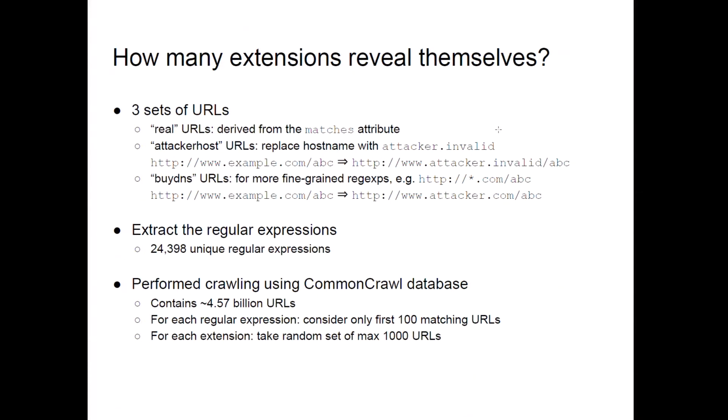And then for each regular expression, we only consider the first 100 matching URLs. And since an extension can have more than one regular expression, we just take a random set of maximum 1,000 URLs for each extension. If the extension doesn't have 1,000 URLs in total, we will just take the full set of URLs.